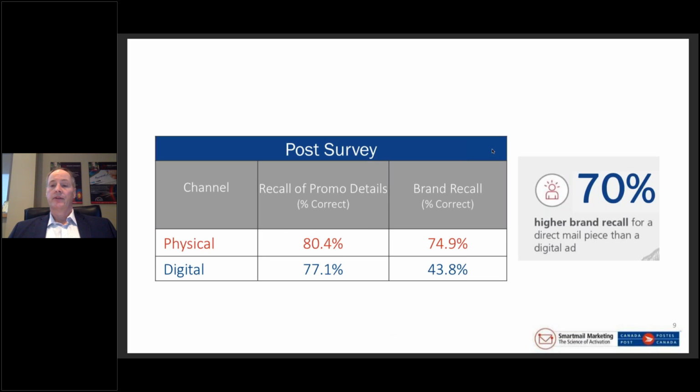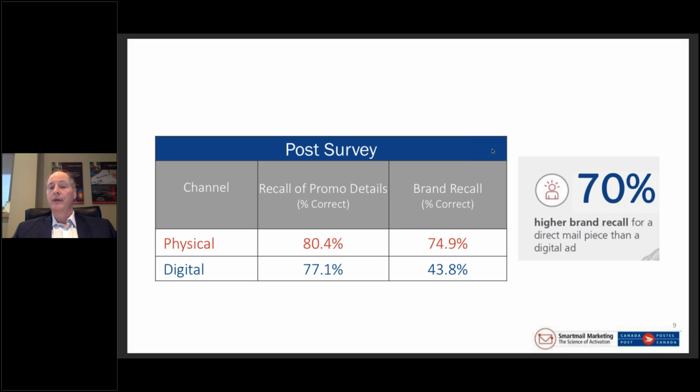If we go through the channels based on the survey, this goes to the recall of a detail, whether it's a detail of a coupon, a date, or a special offer. In a physical piece in somebody's hand, the recall of that is about 80%.